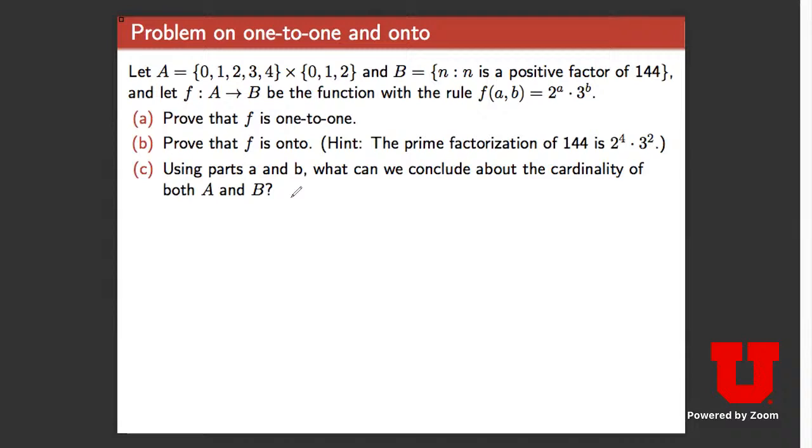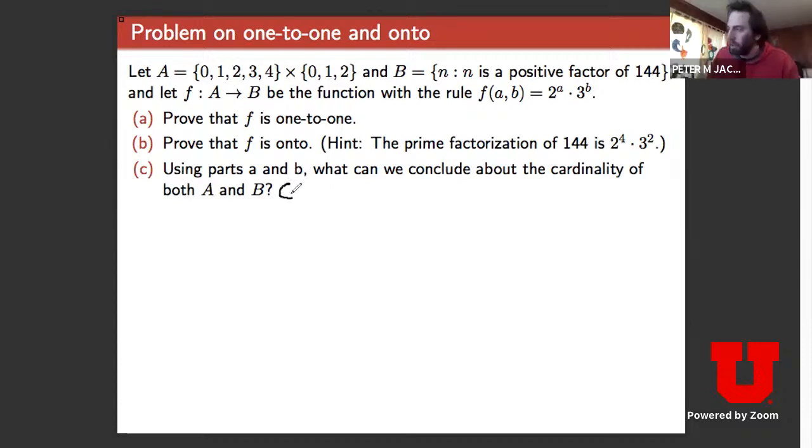Let me start over. We pick a b in B, the codomain, and then we demonstrate that there necessarily must be an a and a b in the domain that map to that. Yes, that's exactly right. You pretty much had it exactly right.